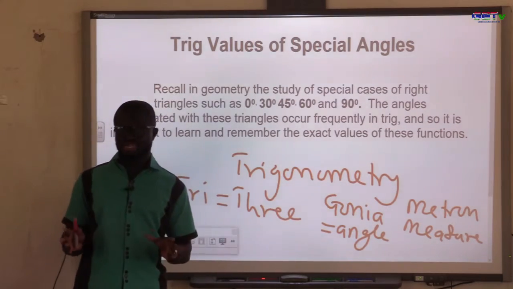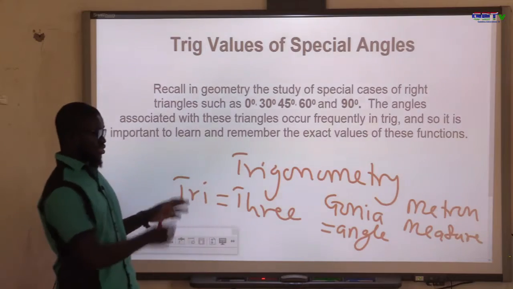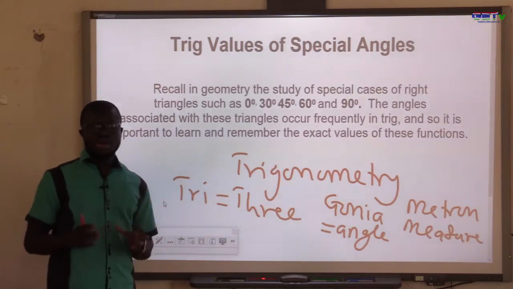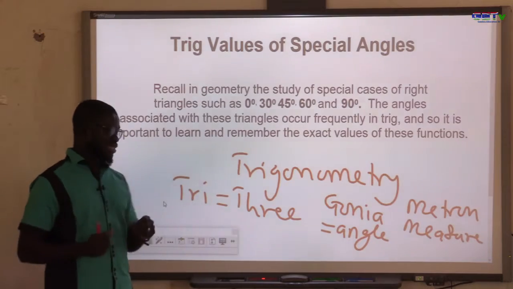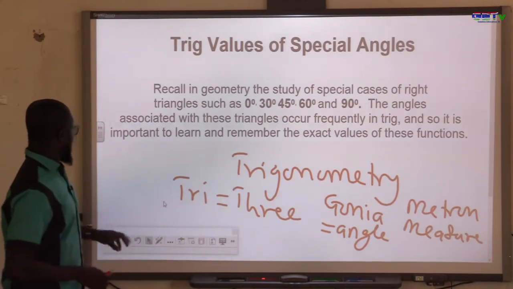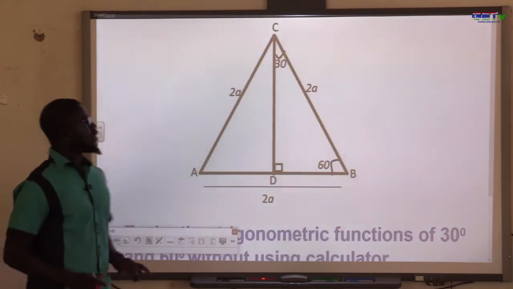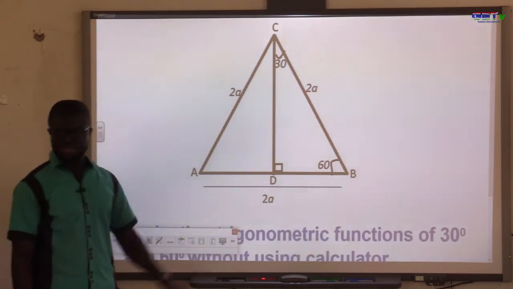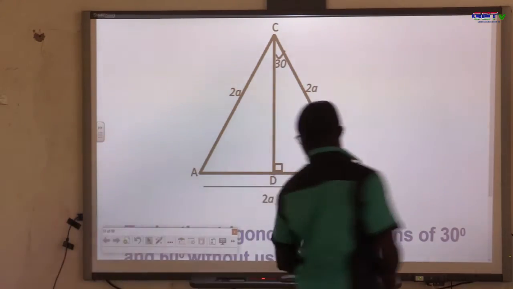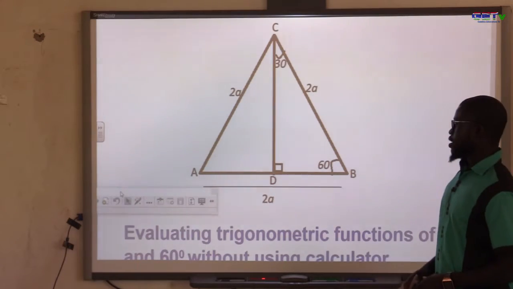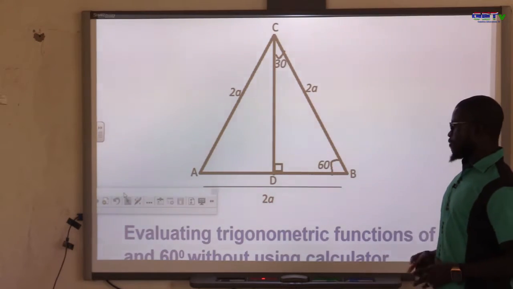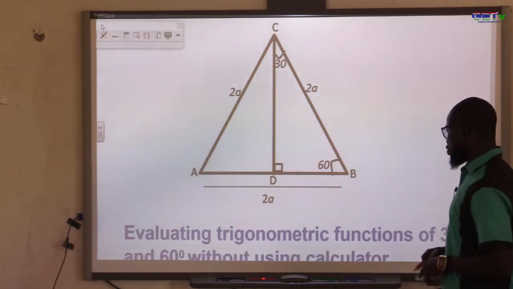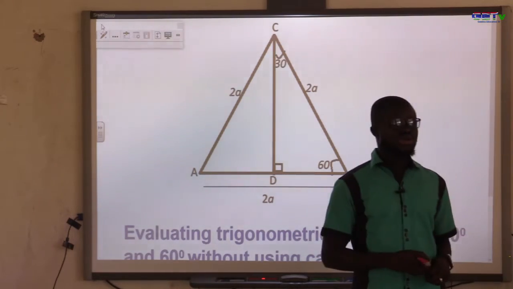So here, this is the lesson purely, in short, like I've just explained. And like I said in the previous lesson, the teacher has already told you the meaning of these trigonometric ratios. Now the first part of the lesson would be evaluating trigonometric functions of 30 degrees and 60 degrees without using a calculator.